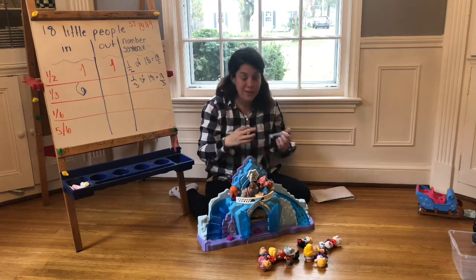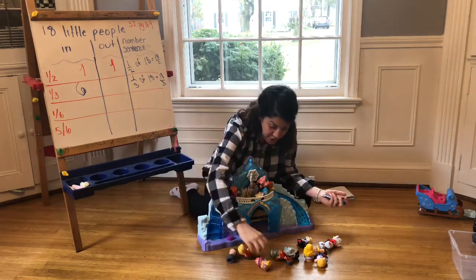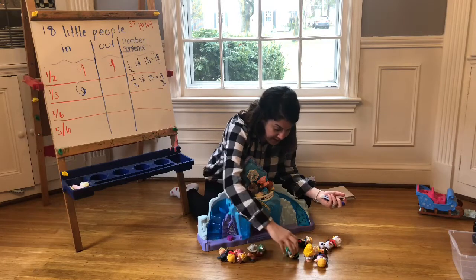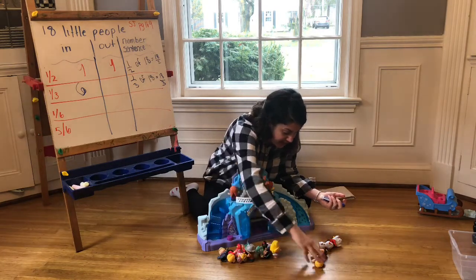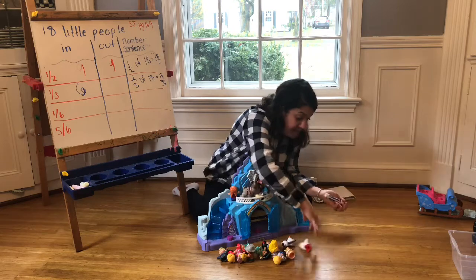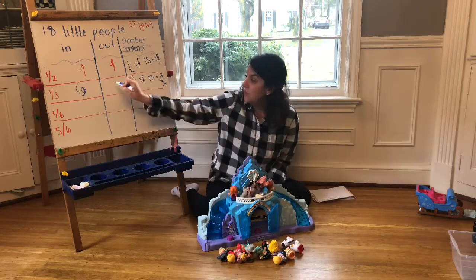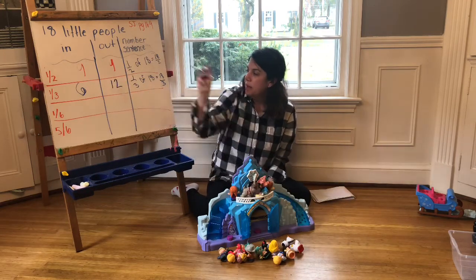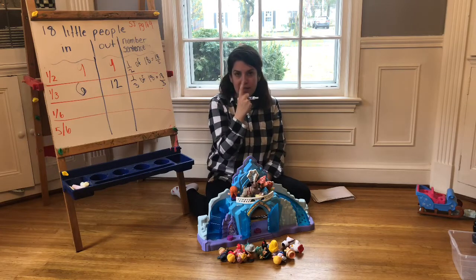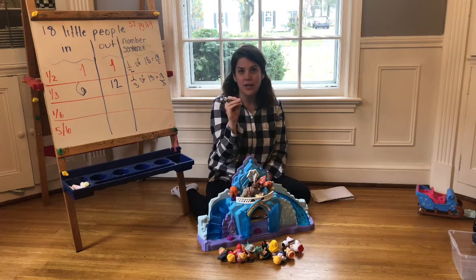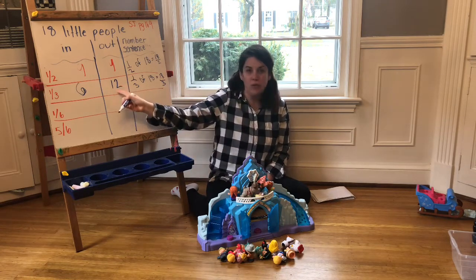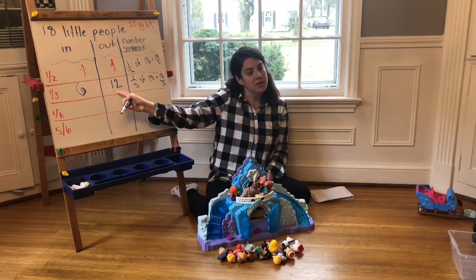Okay, let's count how many are out. 1, 2, 3, 4, 5, 6, 7, 8, 9, 10, 11, 12. 12 people are out. I wonder if you can think of what fraction is out of Elsa's Castle.